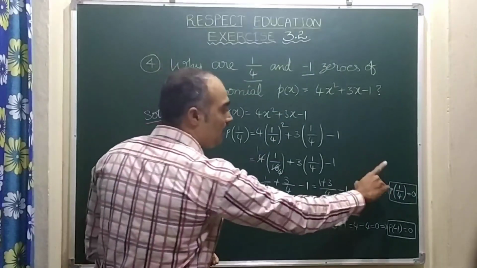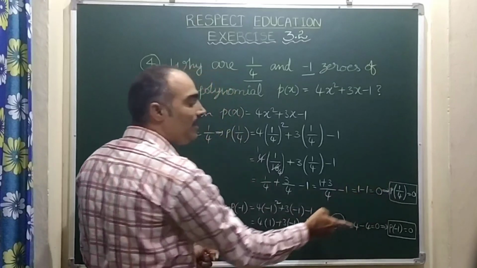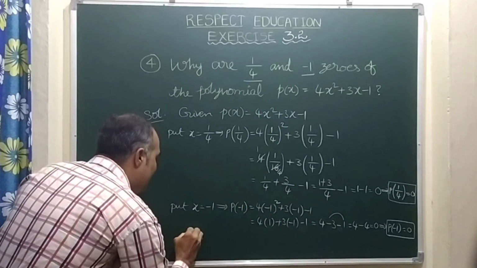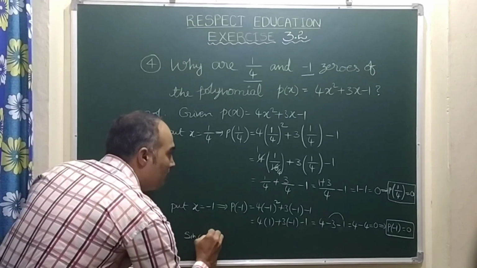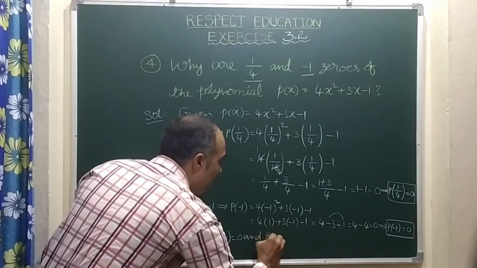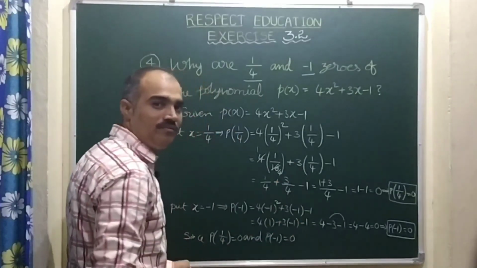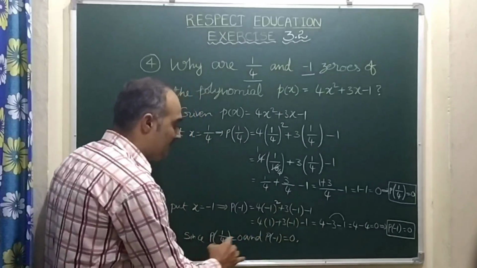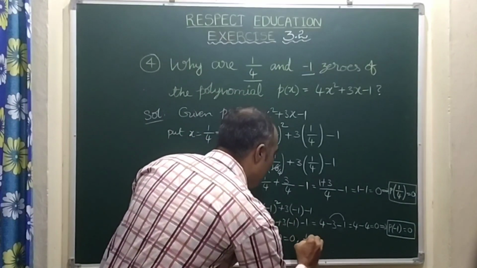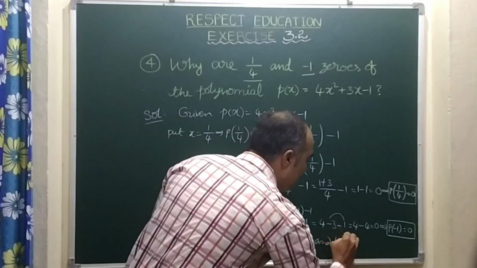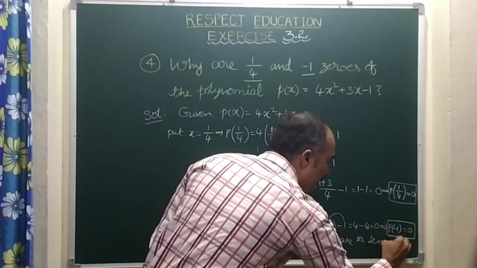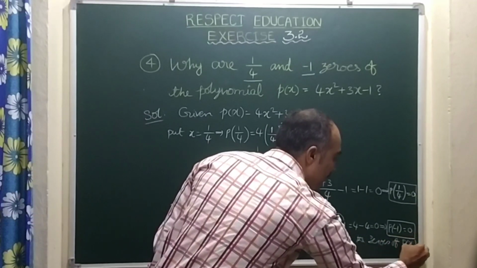That means 1 by 4 and minus 1, both of them made the given polynomial 0. That is the reason, since p of 1 by 4 equal to 0 and p of minus 1 also equal to 0, since these two are 0, that's why 1 by 4 and minus 1 are the zeros of the given polynomial p of x.